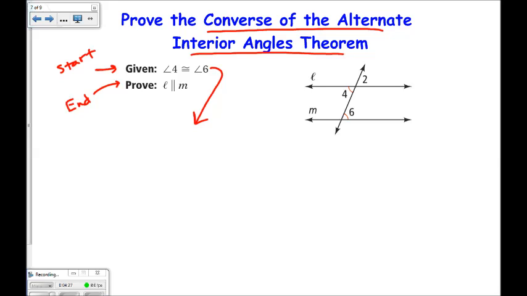There's nothing else I can tell from that, but looking at our picture, we notice that angles 4 and 2 are vertical angles. So I know that angle 4 is congruent to angle 2 because they're vertical angles by the vertical angles theorem.